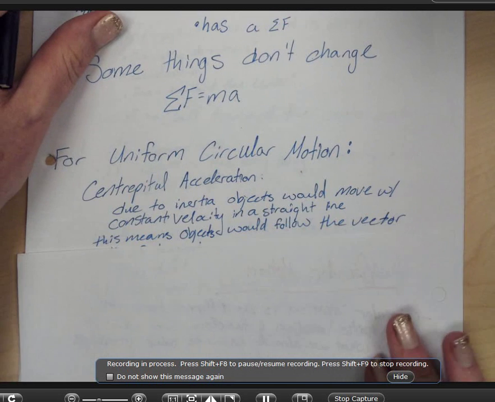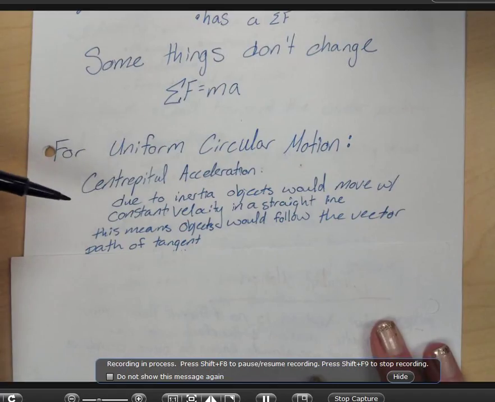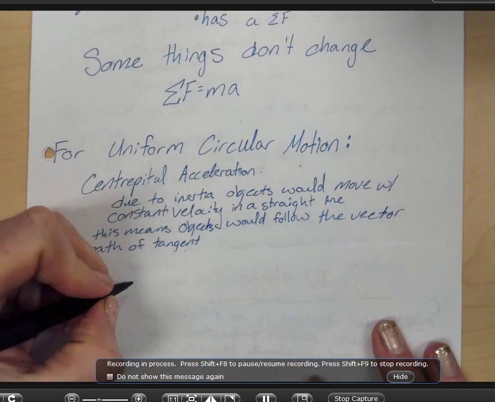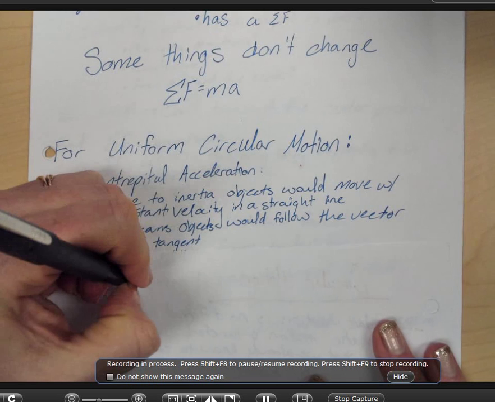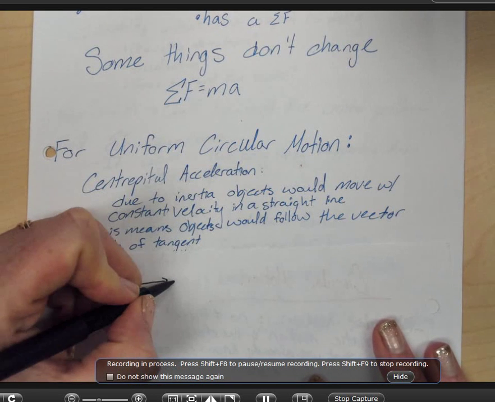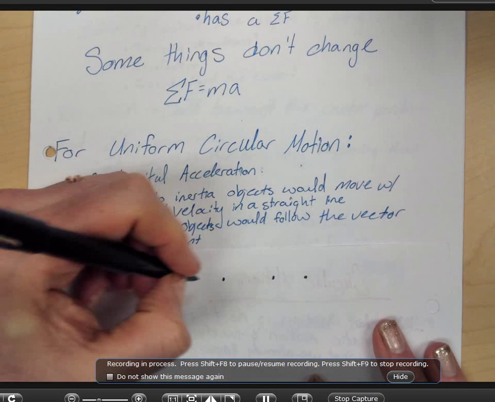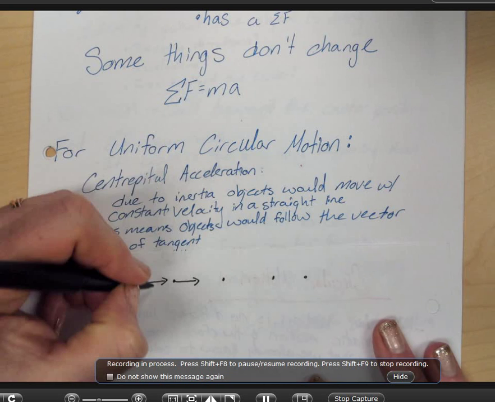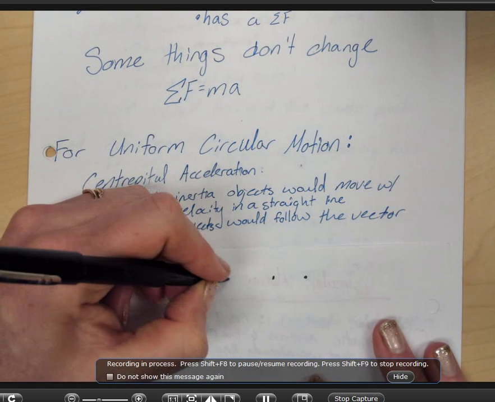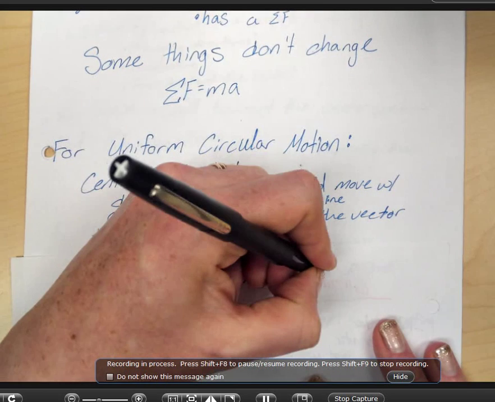So centripetal acceleration, when we look at it, we say the inertia of an object would cause it to move with a constant velocity in a straight line. So that means that an object not experiencing any force would travel in a straight line with that velocity because of its resistance to change.